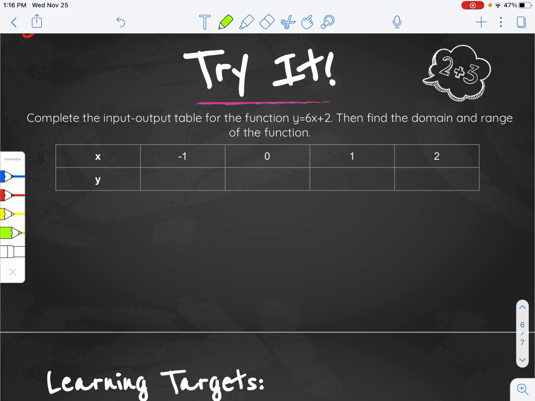So, with that said, now it's your turn. Complete the input-output table for the function y equals 6x plus 2. Then find the domain and range of the function.